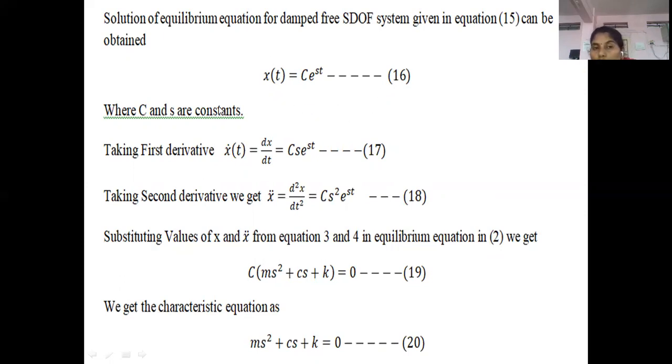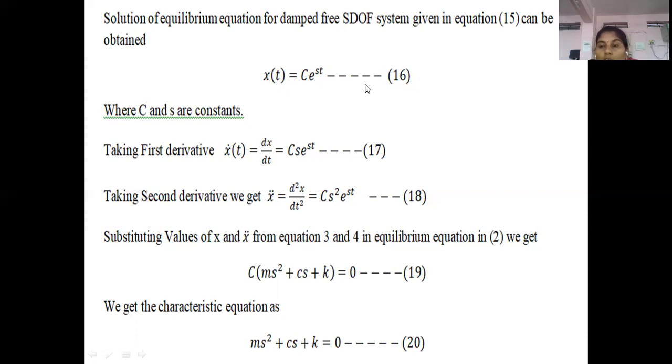Now you can write the solution of the equilibrium equation for the damped free SDOF system given in equation 15.